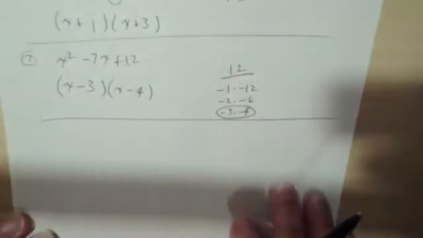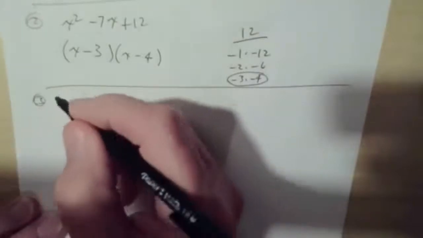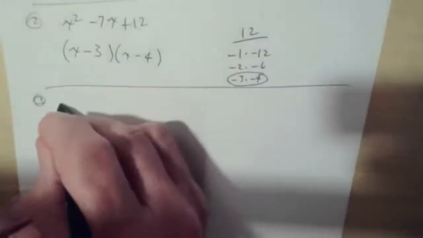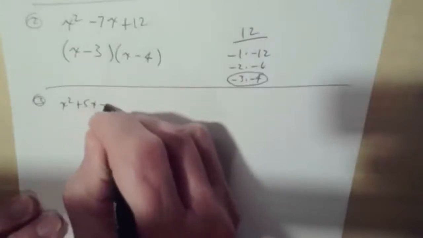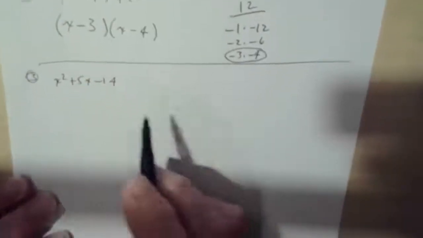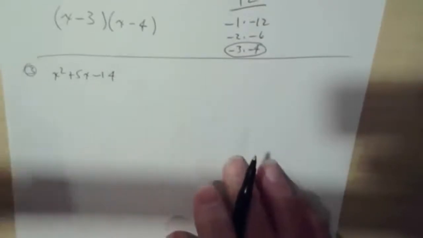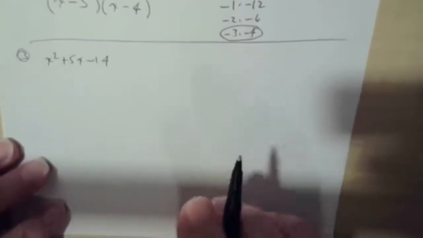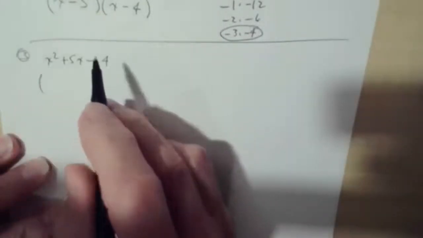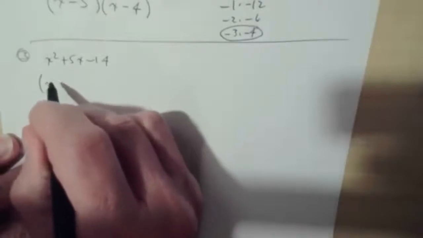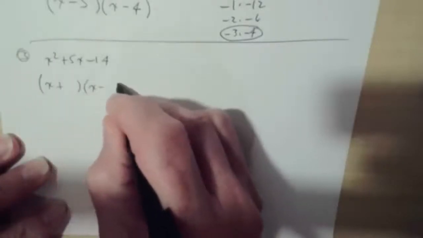Number 3, x squared plus 5x minus 14. Now our linear term is positive and the constant is negative. So we know that, remember, in order to get this to be a negative, it's going to have to be x plus some number and x minus some number.